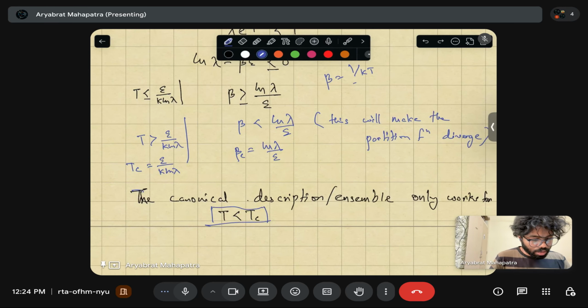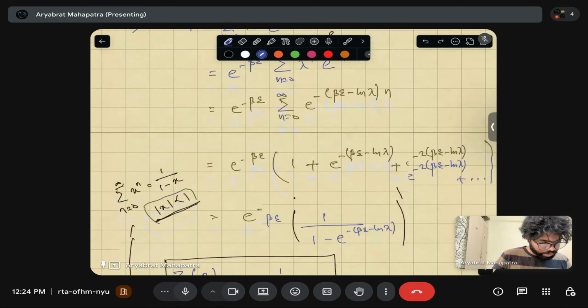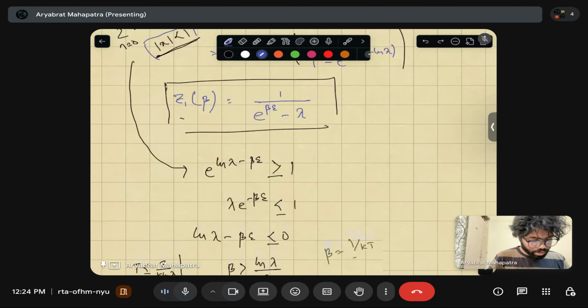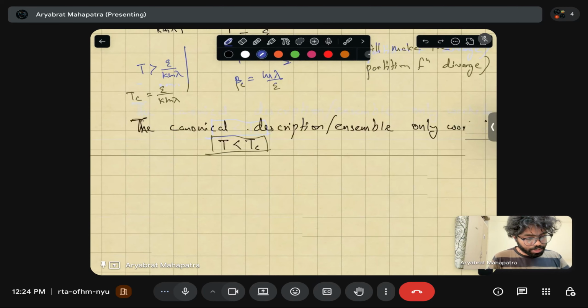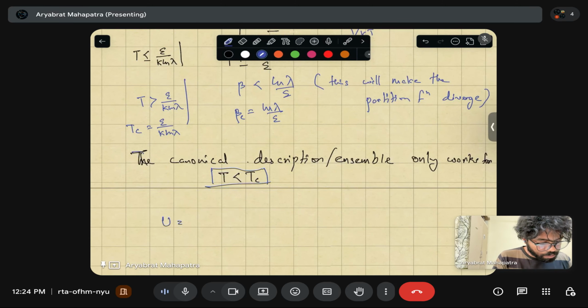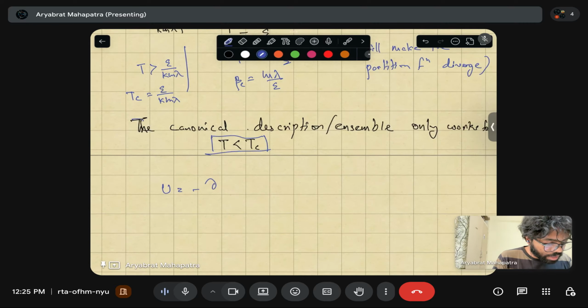Then we also have to compute the specific heat. Again, the specific heat is the partial derivative of internal energy with respect to temperature. So your internal energy first, that is minus del ln of the total partition function over del beta.